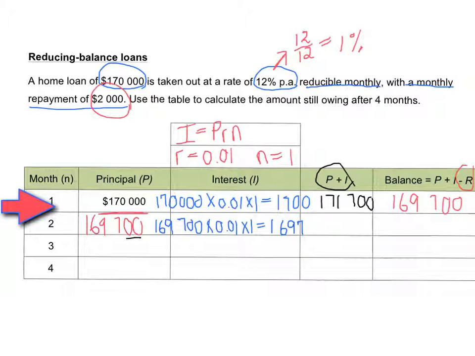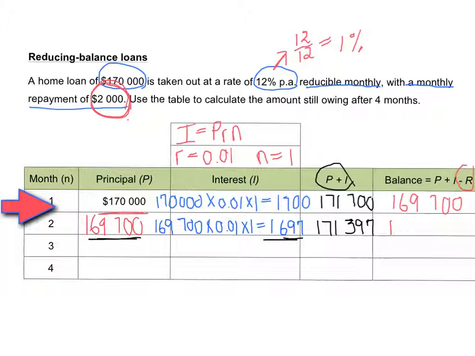Adding the amount outstanding in the beginning plus the interest for that month means at the end of that month I have $171,397. Once again, I have paid $2,000, so I can subtract that.